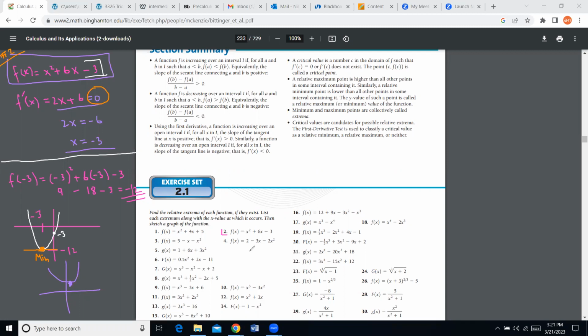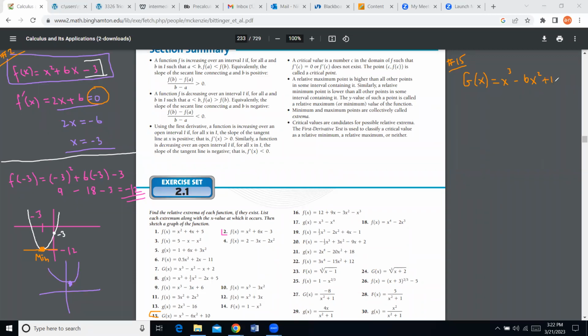So using these ideas, you can graph some other polynomial functions. Let's say exercise number 15, which deals with the cubic function g of x, which is x to the power of 3 subtract 6 times x to the second power and plus 10.